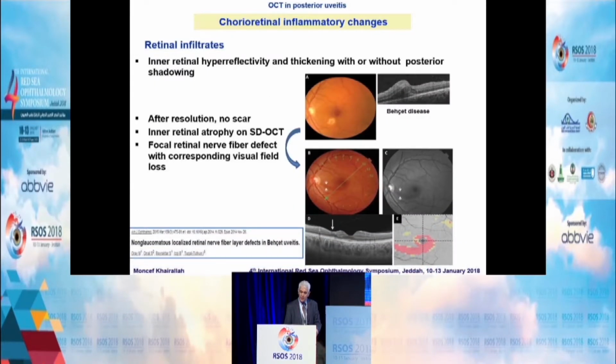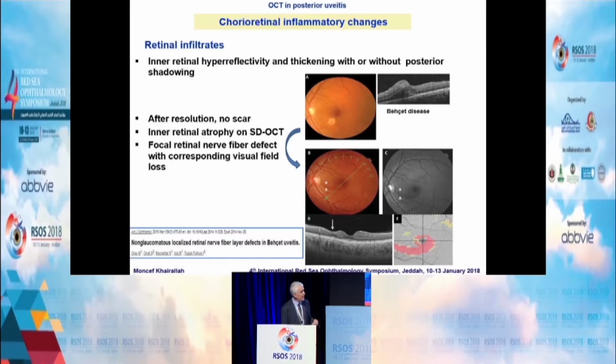In patients with retinal infiltrates, like in Behçet uveitis or in some other infectious diseases, there is inner retinal hyperreflectivity. The hyperreflectivity involves the inner part of the retina with or without posterior shadowing.